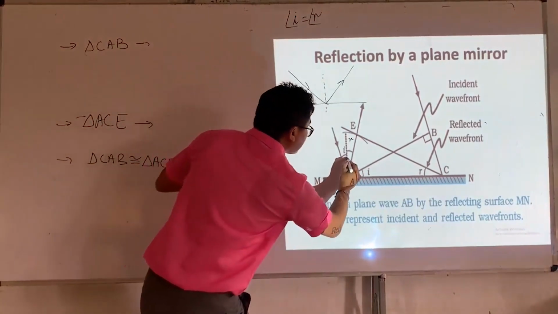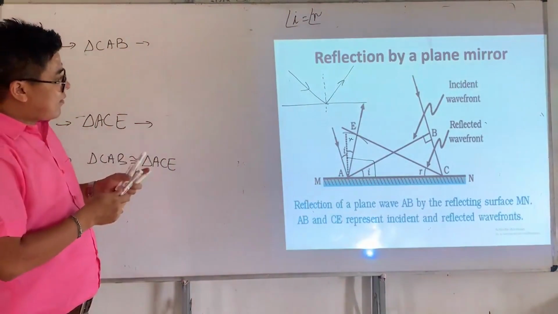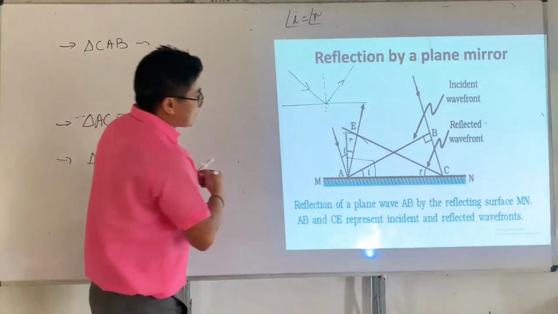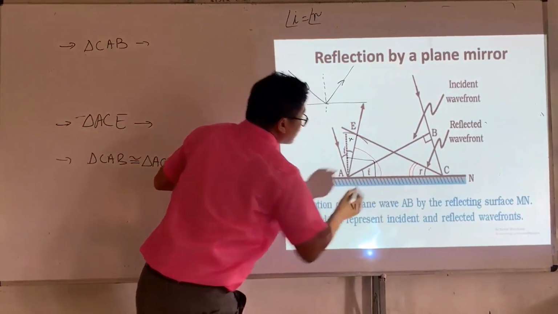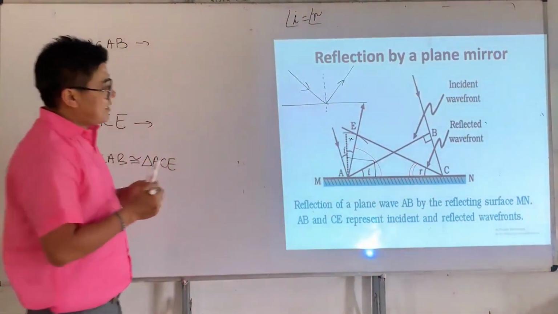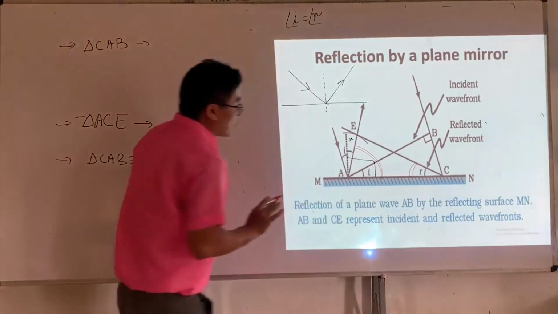This is one right angle, and next, this plus this is also 90 degrees. This angle plus this angle is also 90 degrees.